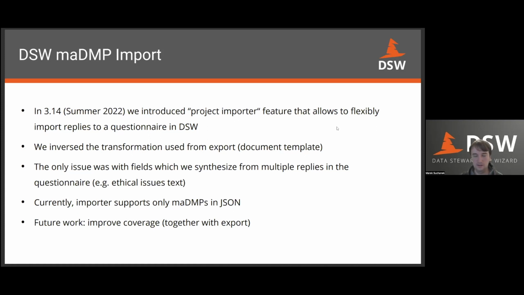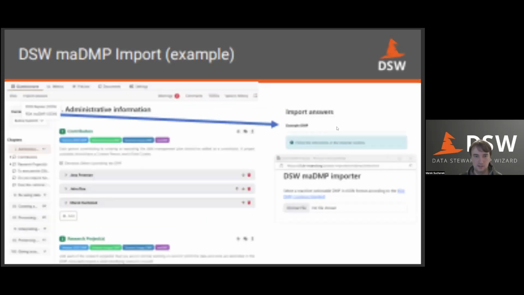Again, the coverage of the standard is more or less the same as for export. So basically what you export from DSW, you can again import in this way. Of course, the problem is with the textual fields where we synthesize the text from various answers.